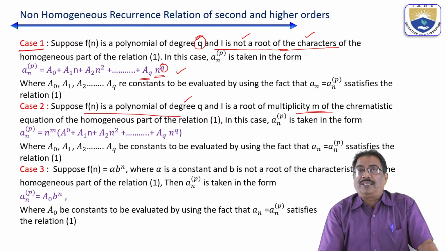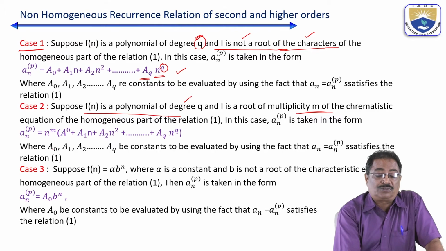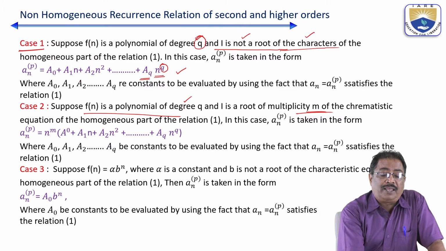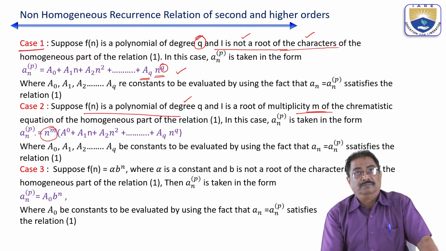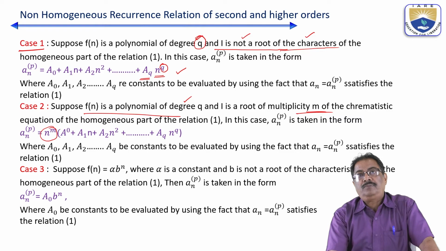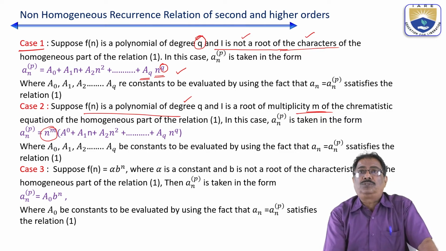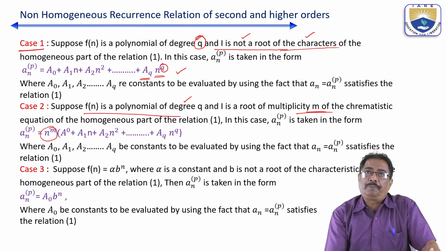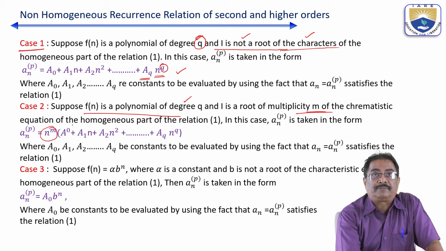Then what is the assumed particular solution? Whatever we had earlier, we multiply by n to the power of m. If 1 is a simple root, I take m equal to 1, that means n times the whole thing.